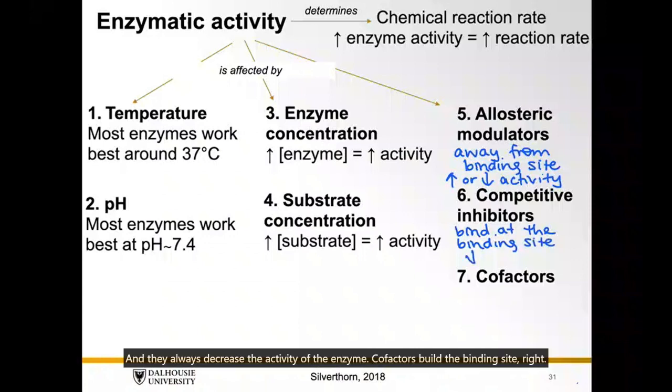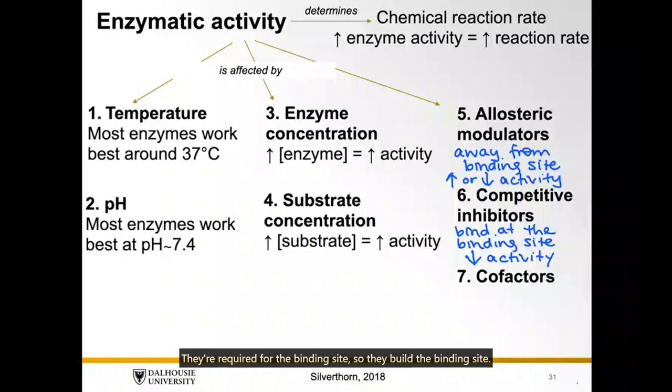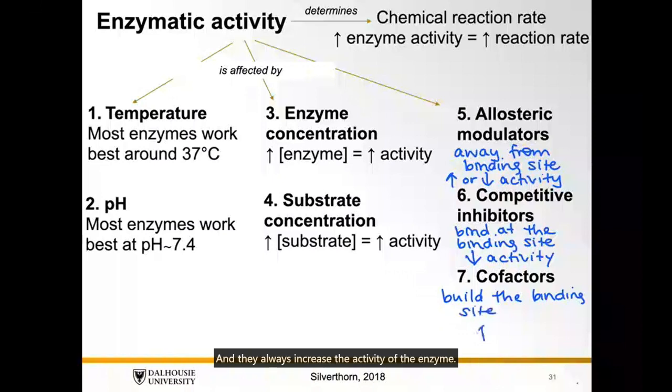And they always decrease the activity of the enzyme. Cofactors build the binding site, right? They're required for the binding site. So they build the binding site. And they always increase the activity of the enzyme.